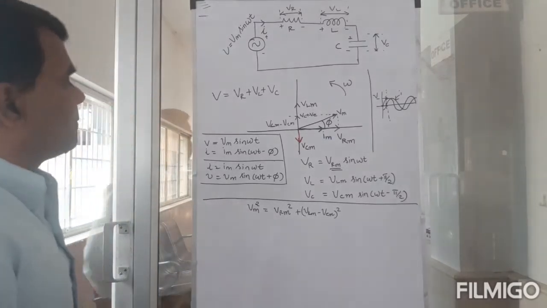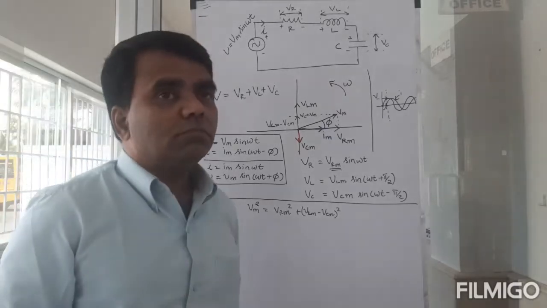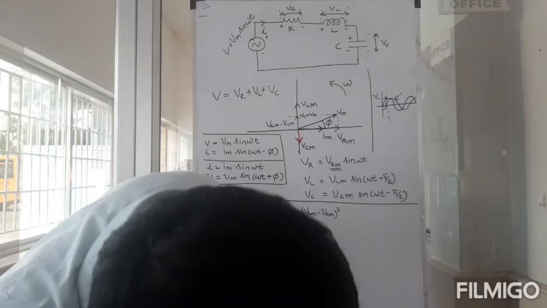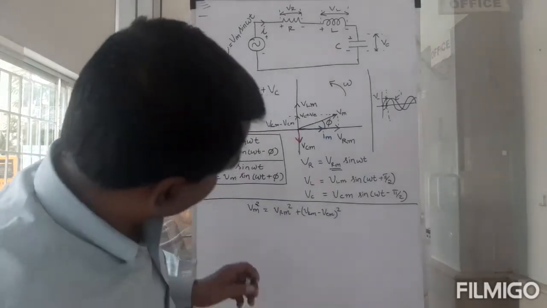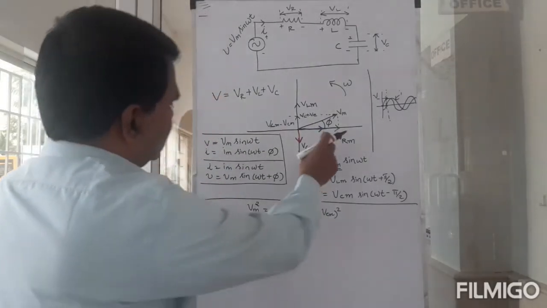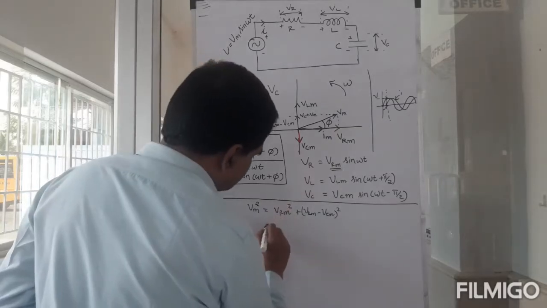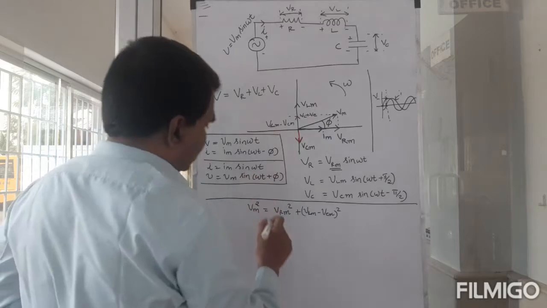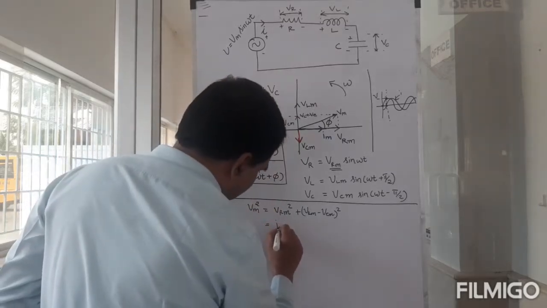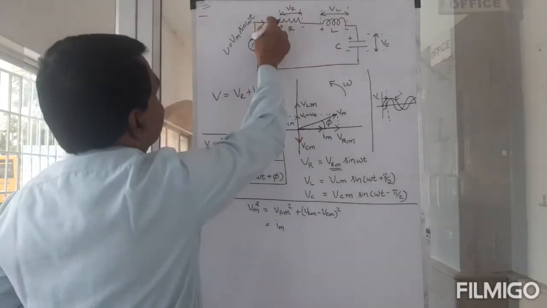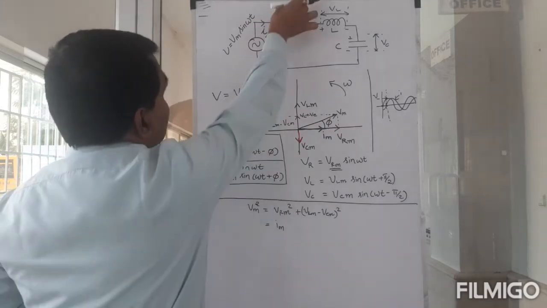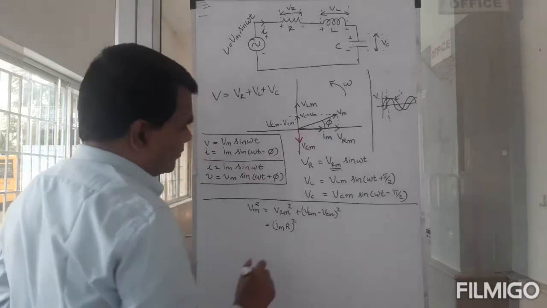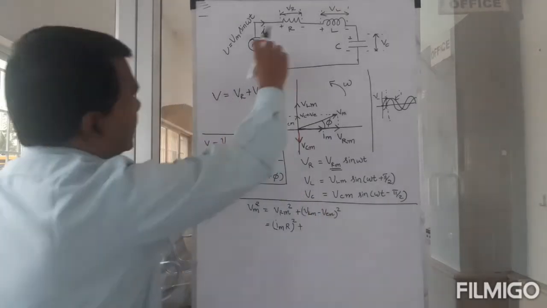Okay. So now, what is this basically? What is VRM? VRM is IM into R, right? IM into R will give me VRM squared. What is VLM minus VCM?